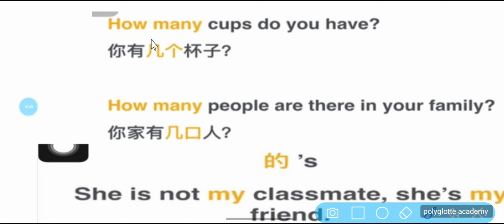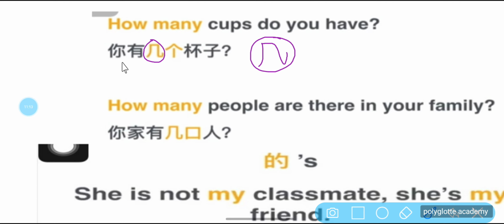So, the next thing we are going to see here is how many with 几. This is how you write 几, which is for a number less than 10. Asking how many with less than 10. The quantity should be less than 10. That's why you use 几. It means you expect that the quantity should be less than 10.